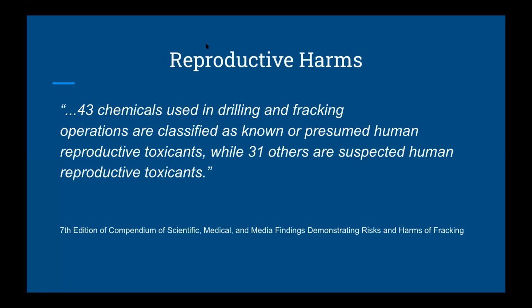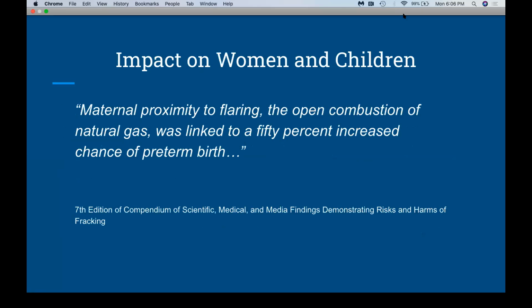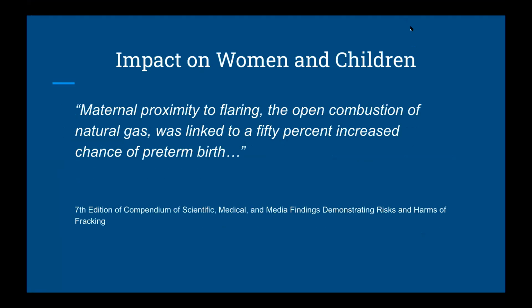I'm going to be calling them epi studies for short, and these are studies that actually observe human populations. Maternal proximity to fracking was linked to a 50% increased chance of preterm birth. This was a study that looked at 23,000 birth records in the Eagle Ford Shale of South Texas.